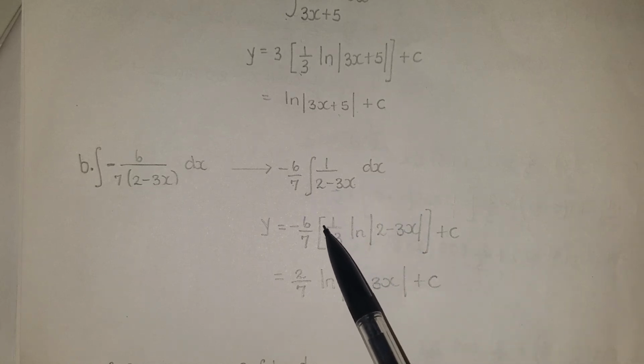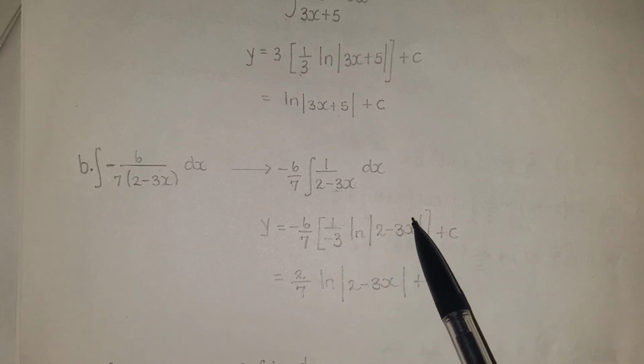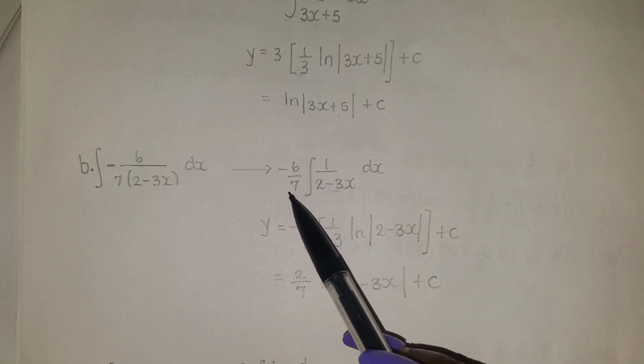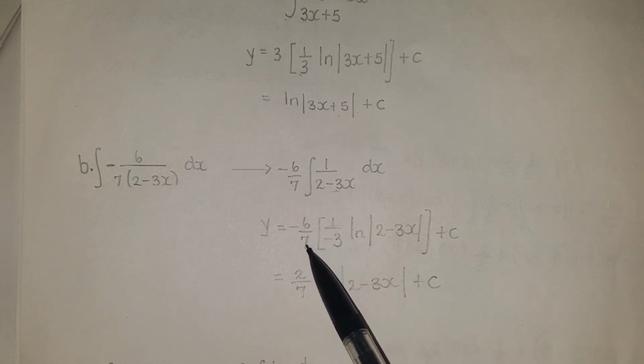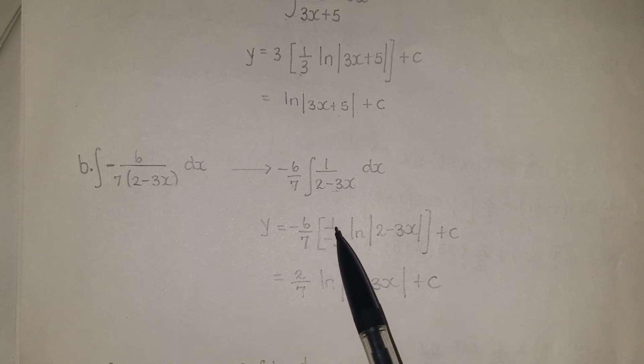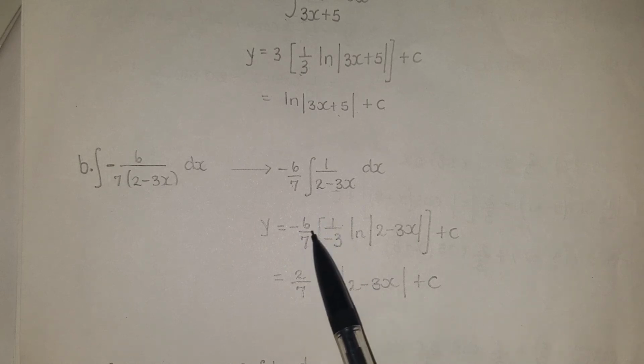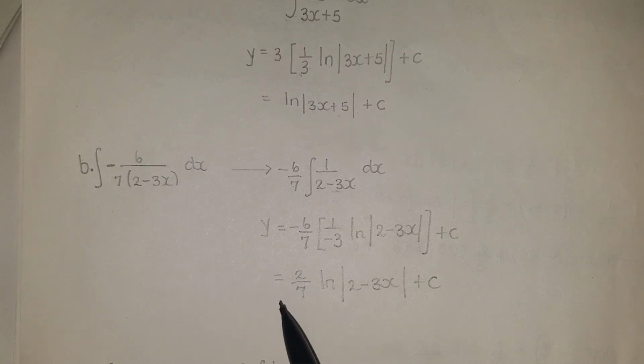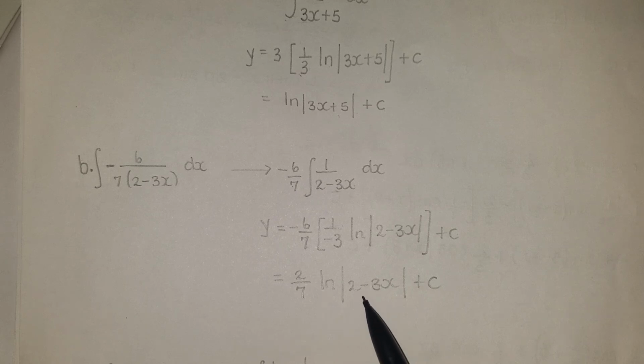So we get 1 over negative 3 ln 2 minus 3x plus c at the end. And now this 1 over negative 3 gets multiplied by this negative 6 over 7 we had, making our answer 6 over 21, or simplified to 2 over 7. So our final answer becomes 2 over 7 ln 2 minus 3x plus c.